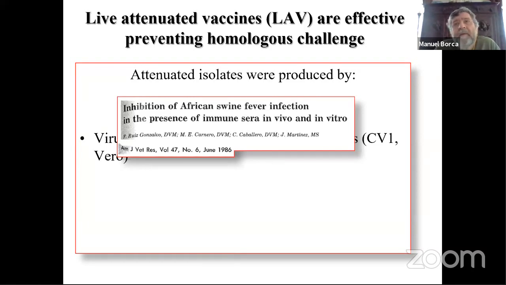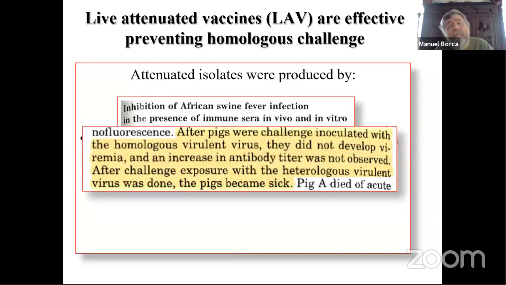What he did was pick several field isolates in Spain that were temporally and geographically related, and he passed those isolates in Vero cells. And what he saw is that when passing the virus in Vero cells, they became attenuated. When he put those attenuated viruses in pigs, the pigs resisted the infection. And not only that, the pigs resisted the challenge when the challenge was done with the parental non-adapted virus.